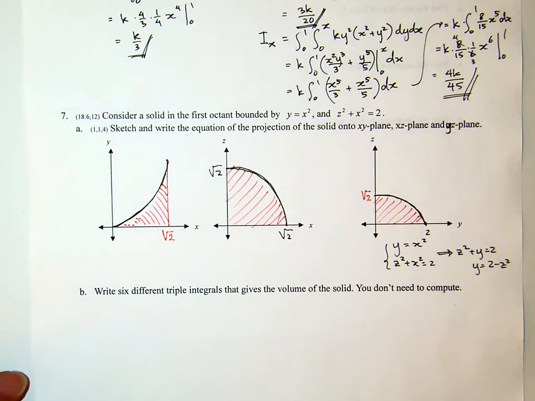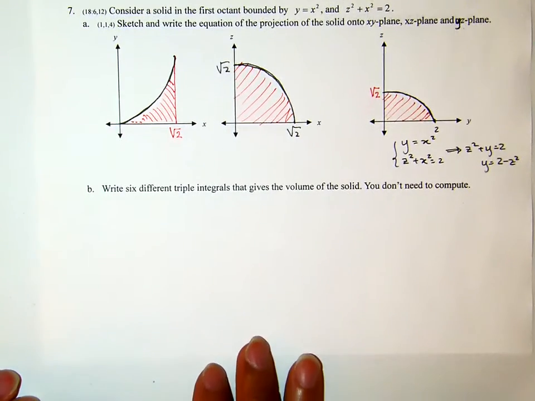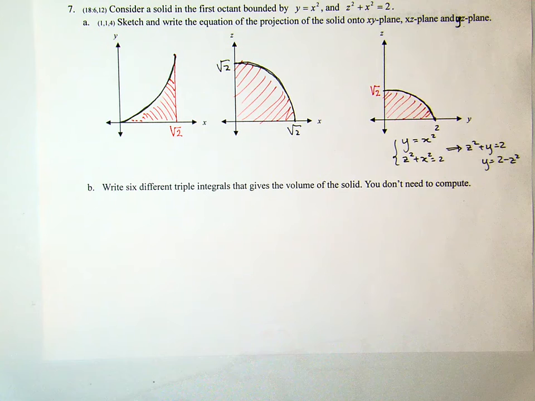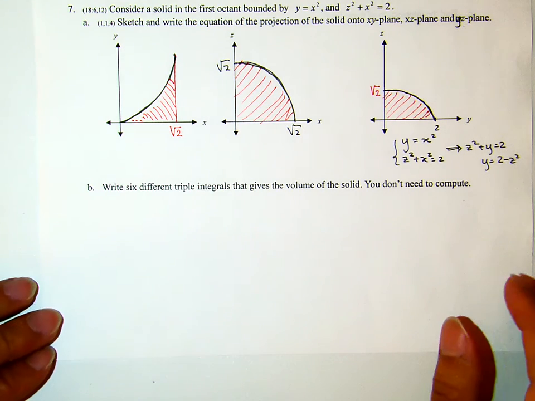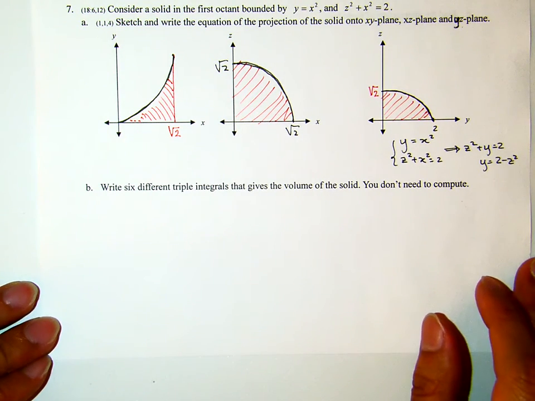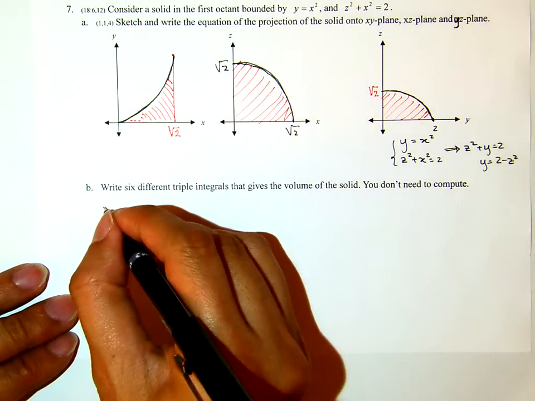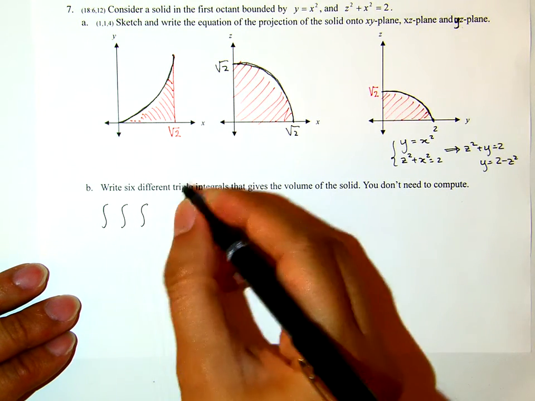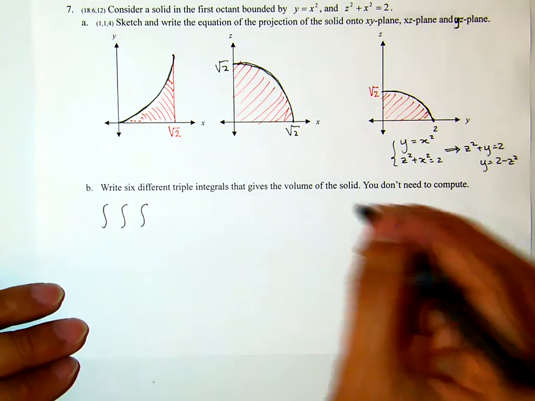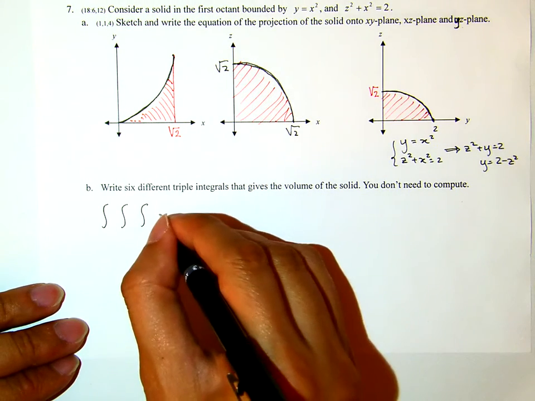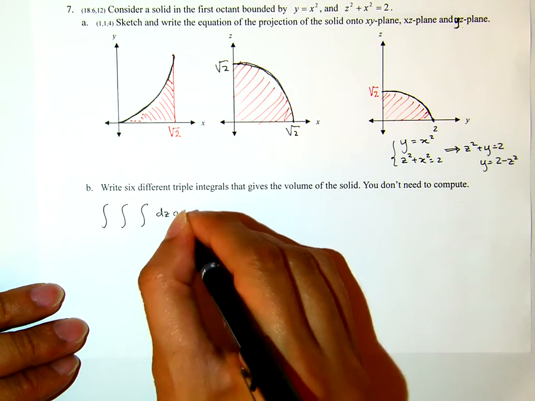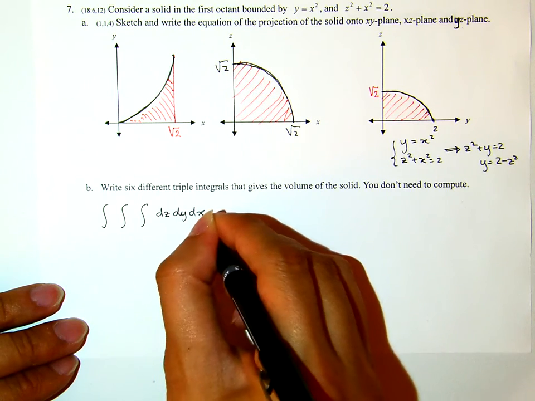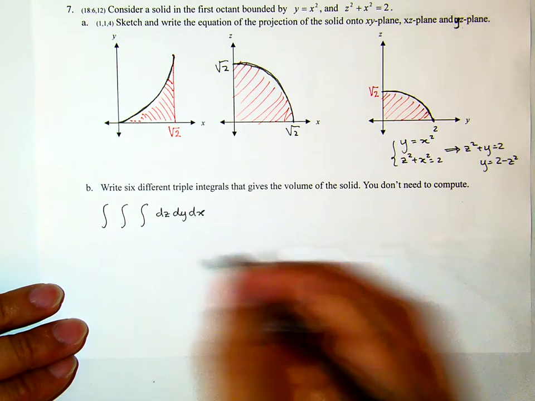Now that's for 7a. The harder one, the triple integrals. Part B, write 6 different triple integrals that give the volume of the solid. We don't need to compute, but we need to express them. Now the first one, the f will be 1, right, because that's the volume. Let me put dz, dy, dx. That's my first one.